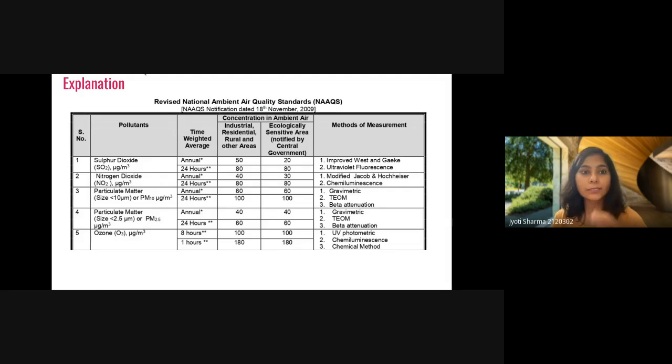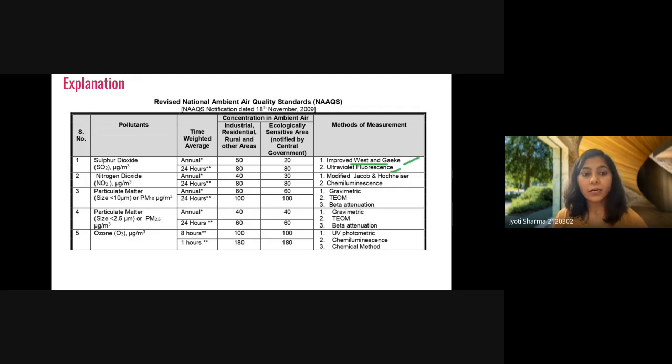Okay, this is what I got from the CPCB website. They have given the 12 criteria pollutants and, along with that, what kind of measurement method we should follow. If it is sulfur dioxide, then the answer will be either the West and Gaeke method or ultraviolet fluorescence.